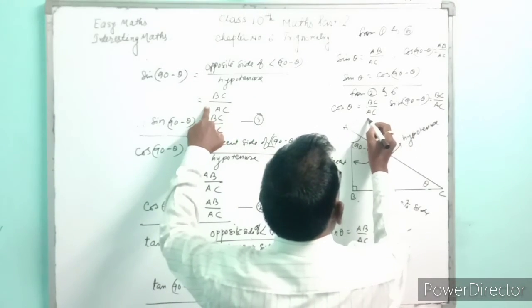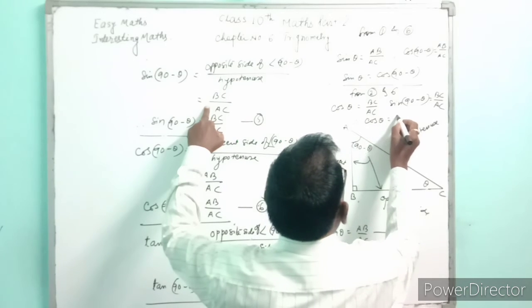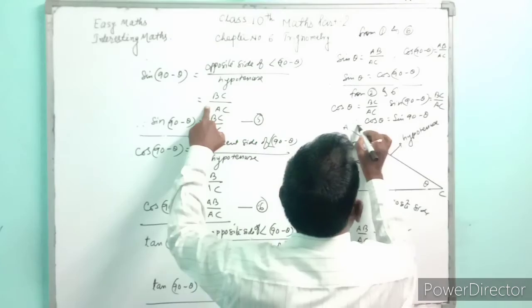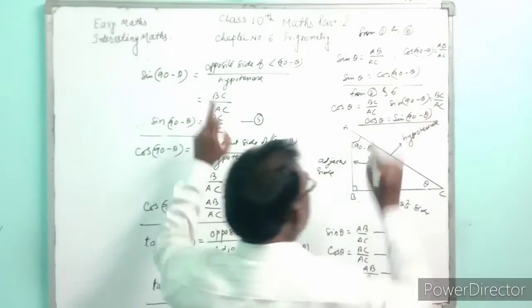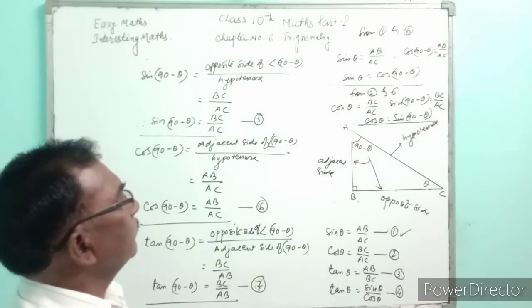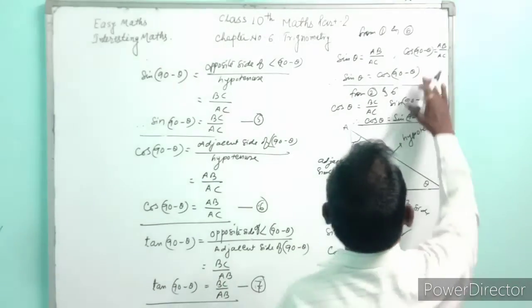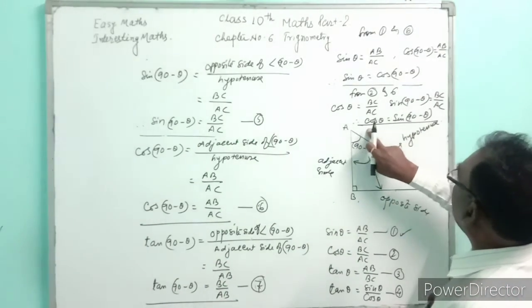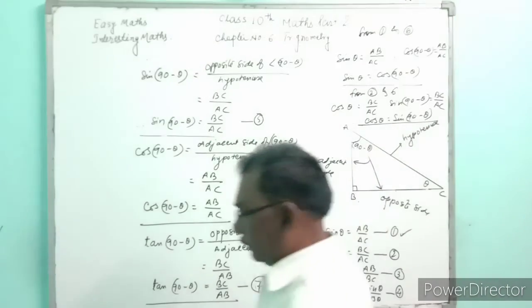Therefore, cos theta is equal to sin 90 minus theta. So, we have derived this formula: sin theta is equal to cos 90 minus theta. Cos theta is equal to sin 90 minus theta.